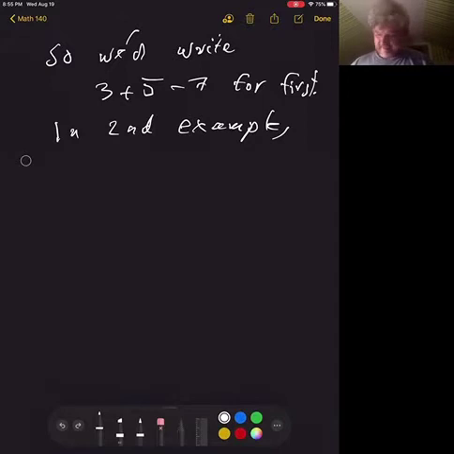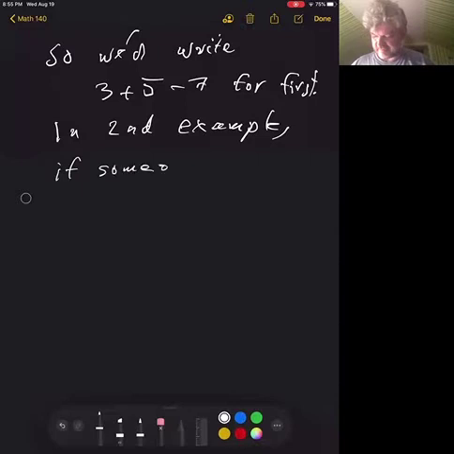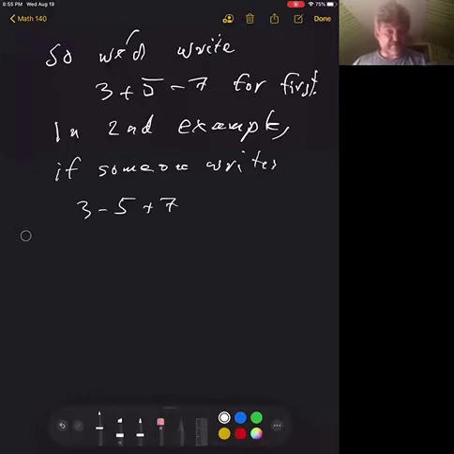In the second example, if somebody writes 3 minus 5 plus 7, well, there's two different ways of interpreting this.